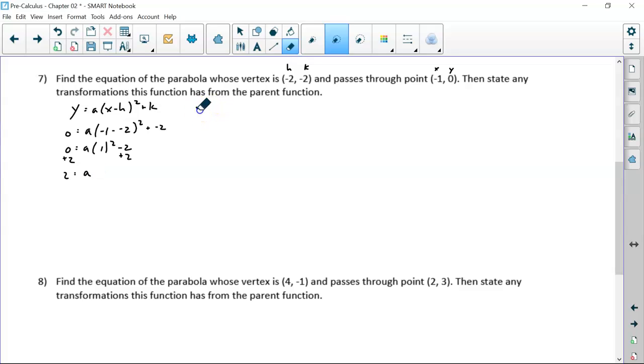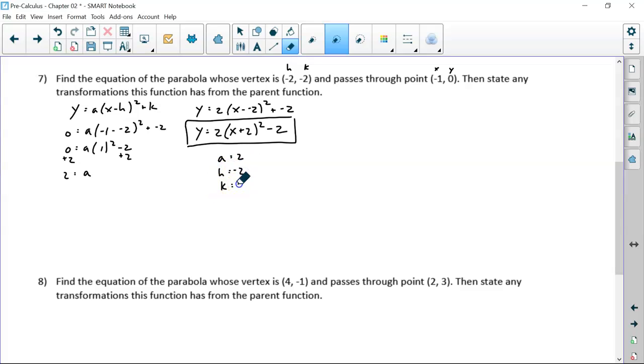So for our parabola, y equals 2 times (x minus -2) squared plus -2. When we clean that up, y equals 2(x plus 2) squared minus 2. There's our equation for the parabola. So now our values: A is 2, h is -2, and k is -2.